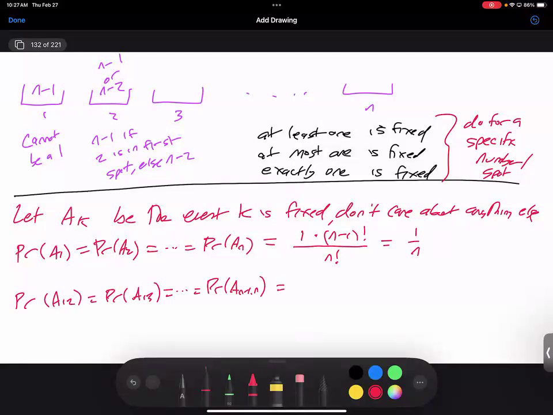What do you think the event A12 is? Both 1 and 2. So 1 and 2 are fixed. 1 and 2 fixed. Do not care about the rest.